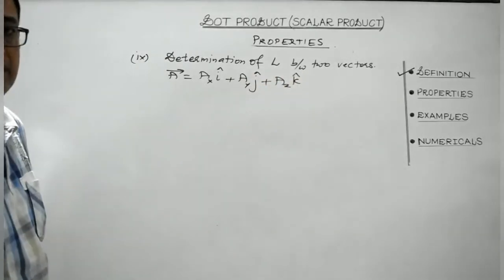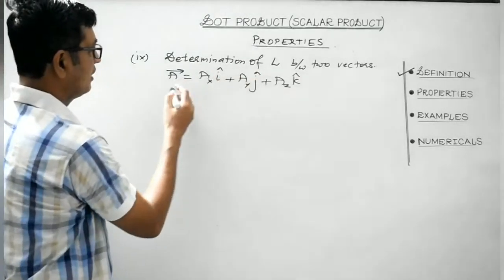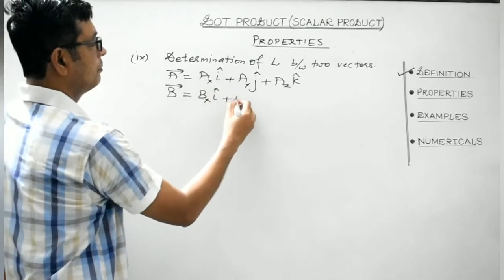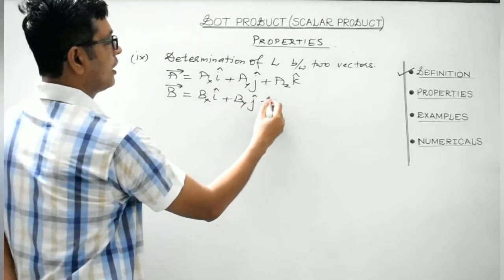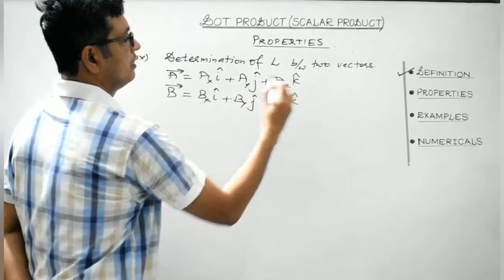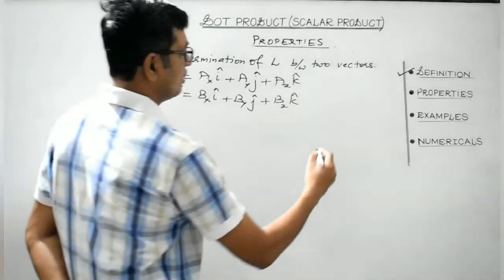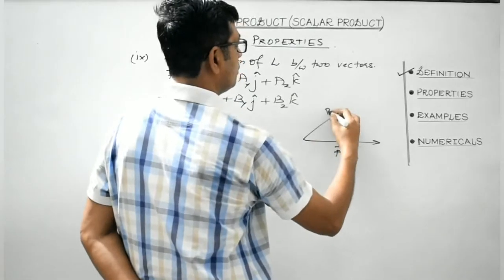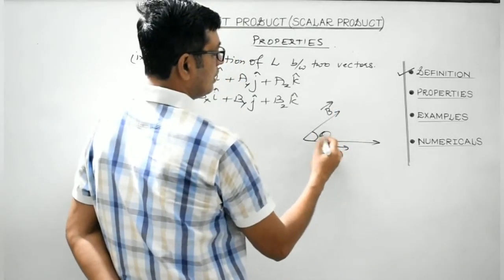So A vector in terms of rectangular components will be written like this, and B vector is equal to bx I cap plus by j cap plus bz k cap. Fine. So these are the two vectors. This is suppose A vector. Let us consider this to be B vector, and this is angle theta.